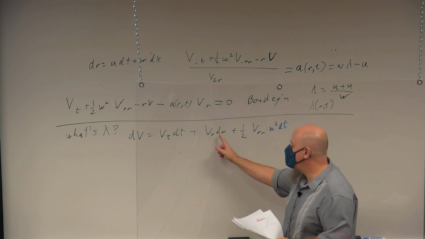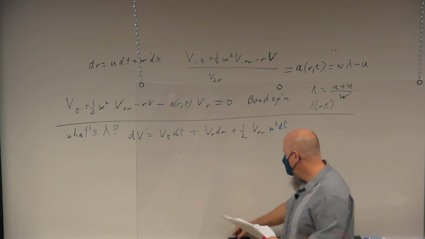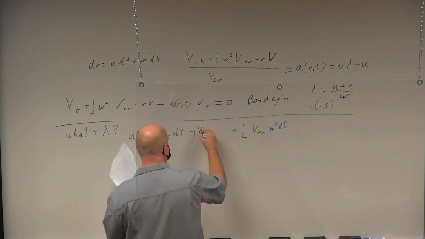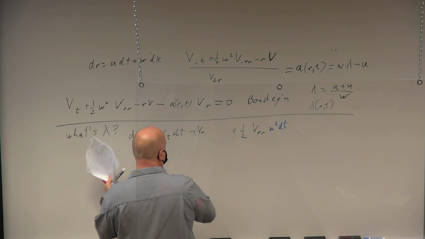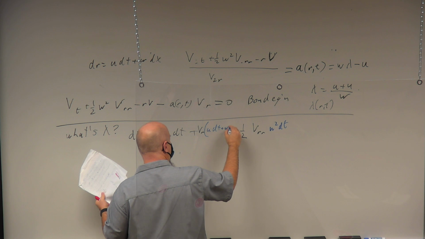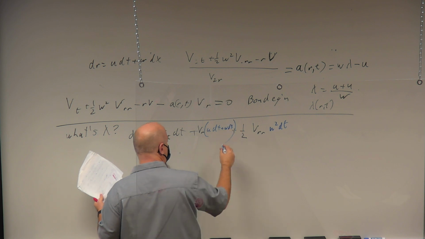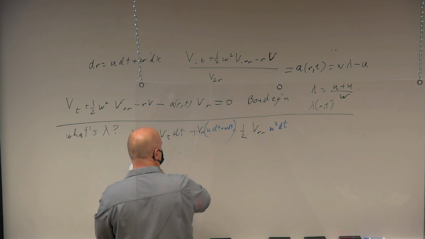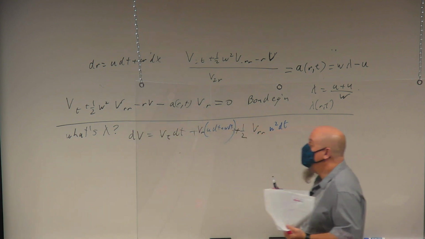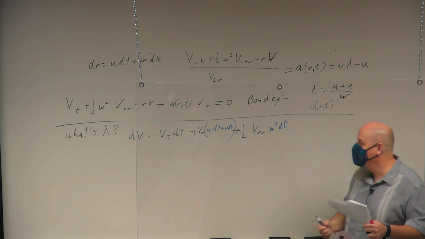There's still some randomness in this dr, right? This dr is the u dt plus w dx. So this change in the value of this bond I own still has that random piece in it.